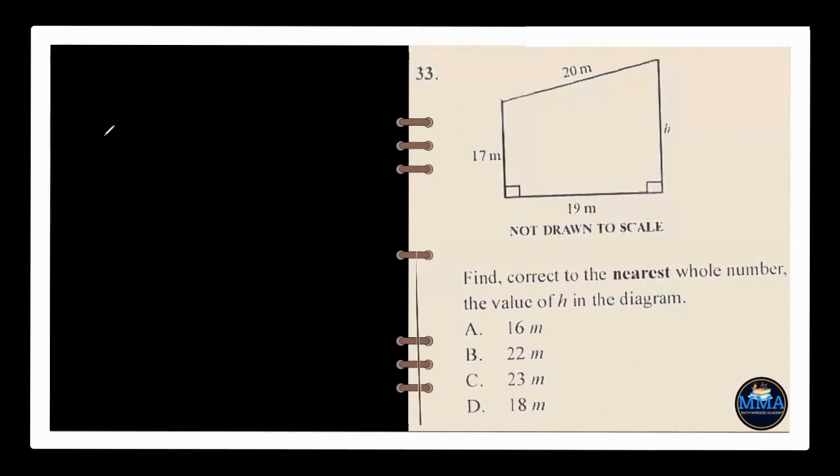Question number 33. Find, correct to the nearest whole number, the value of h in the diagram. So what we do here is we are going to adjust this diagram so that we'll be able to work out the value of h.